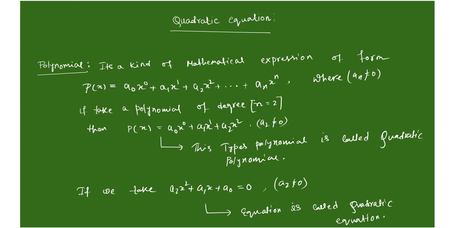So in the previous page we saw what a quadratic equation is: an equation of the form ax squared plus bx plus c equal to 0, with a not equal to 0.